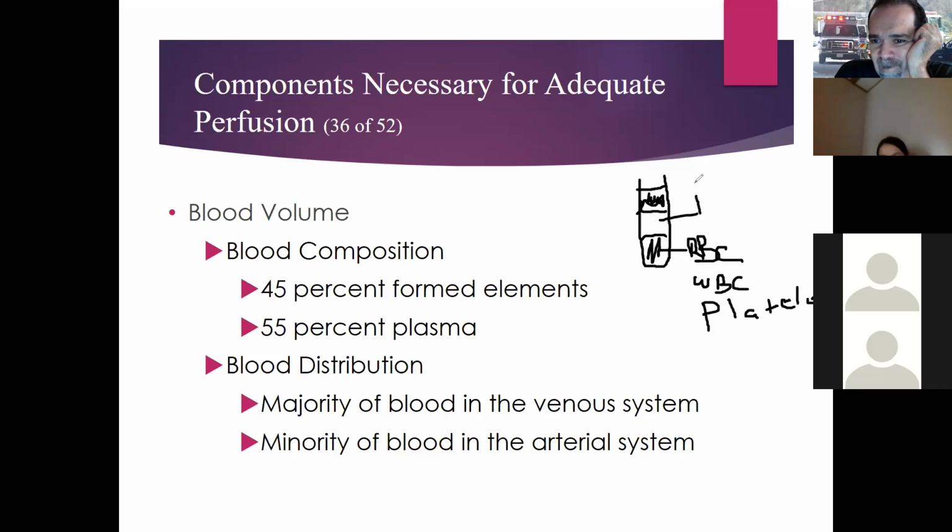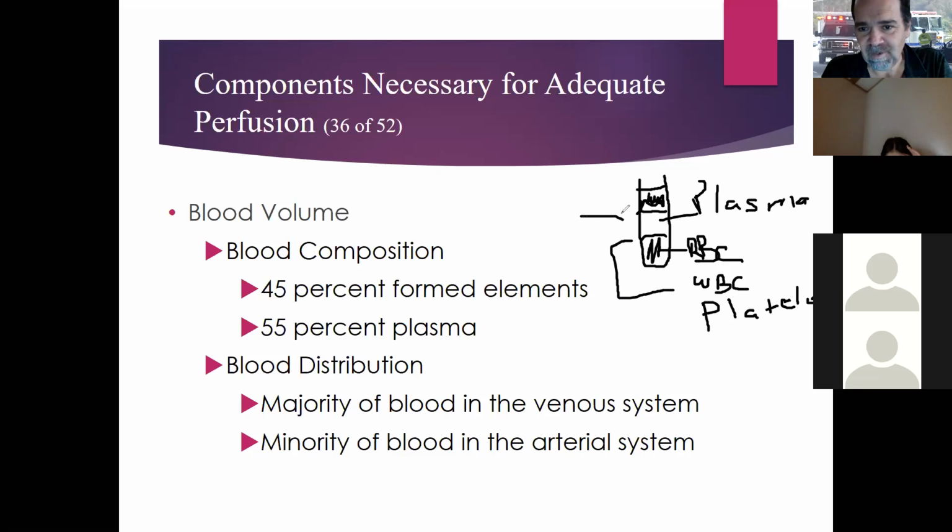This area right here would be your plasma. This area would be the fat content if you have any, and it depends on what you eat. So it separates, and that's what it means. 45% is formed elements, which would be this right here. And then the 55% would be plasma, which would be this section right here.